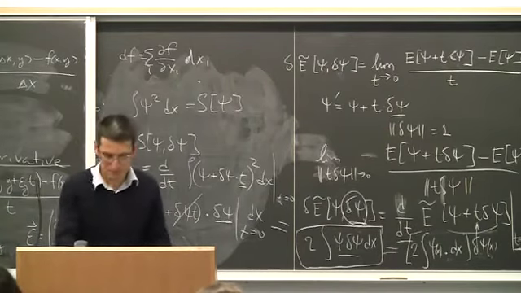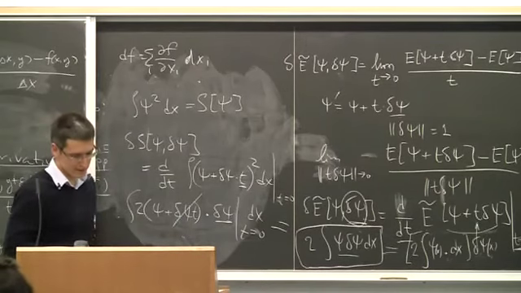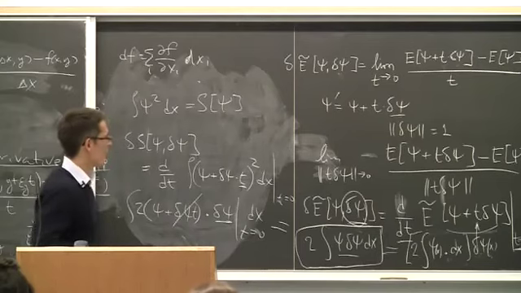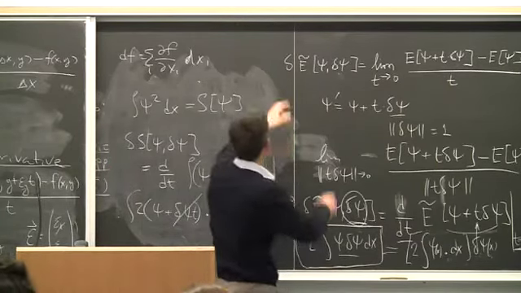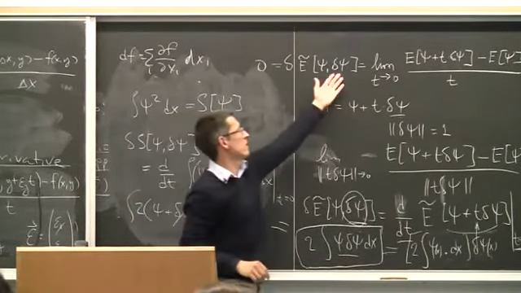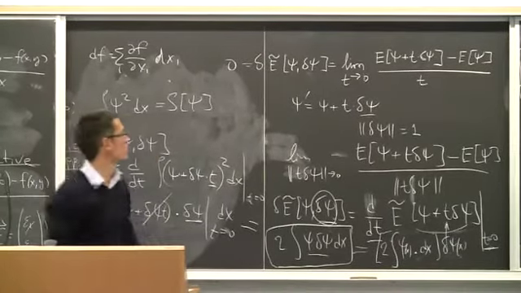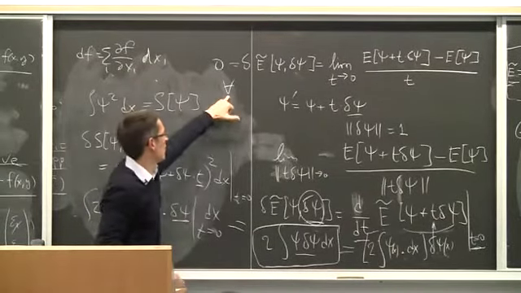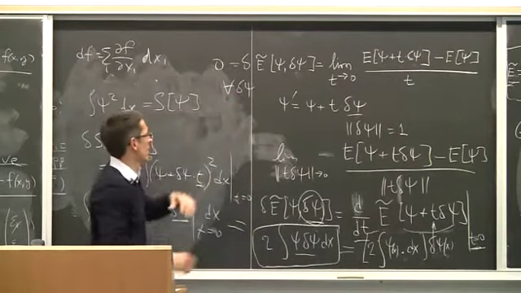Okay, so now we're all equipped to essentially find the extremum. One way to find the extremum is to say that this must be 0 for any variation delta psi. There is this so-called quantifier in math which defines 'any'.